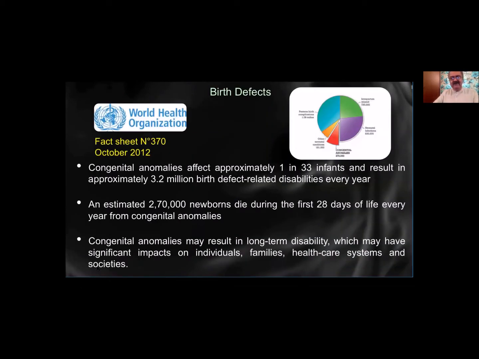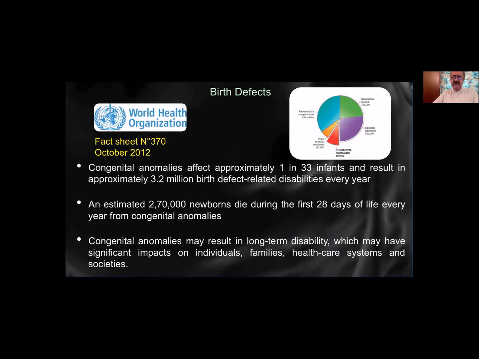The first thing that I always like to start with is where do we stand with anomalies. And if we look at an 8-year-old paper from the WHO, we realized that the incidence of anomalies is high, about 1 in 33 infants, and these result in approximately 3.2 million birth defect related disabilities every year, which is really a difficult situation.